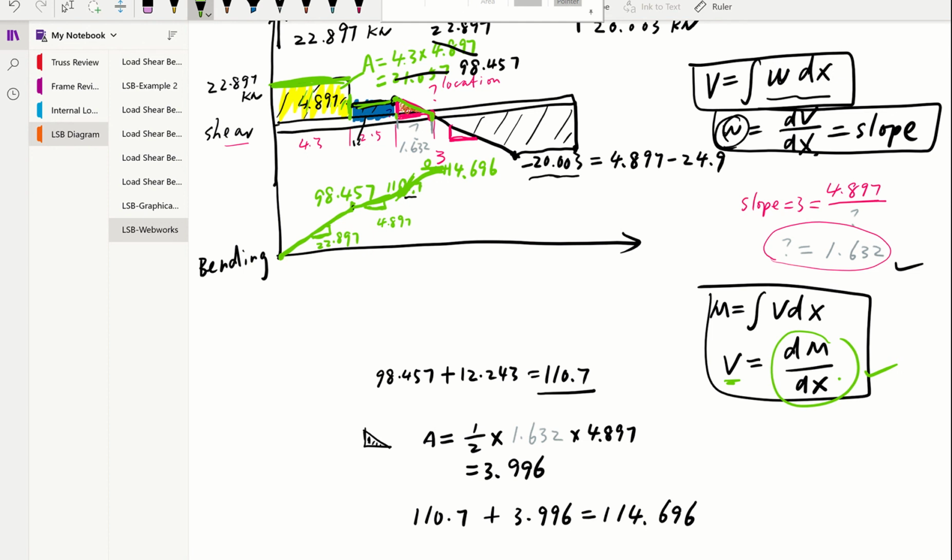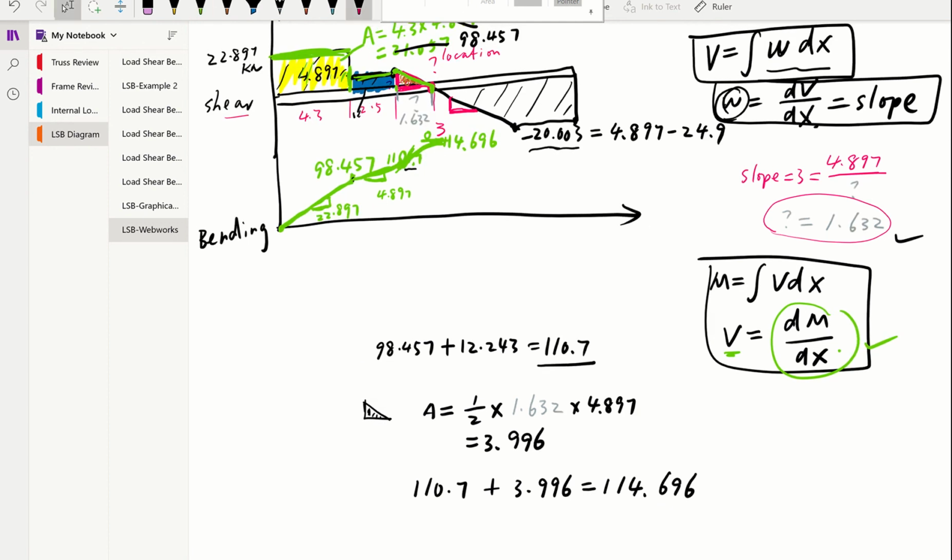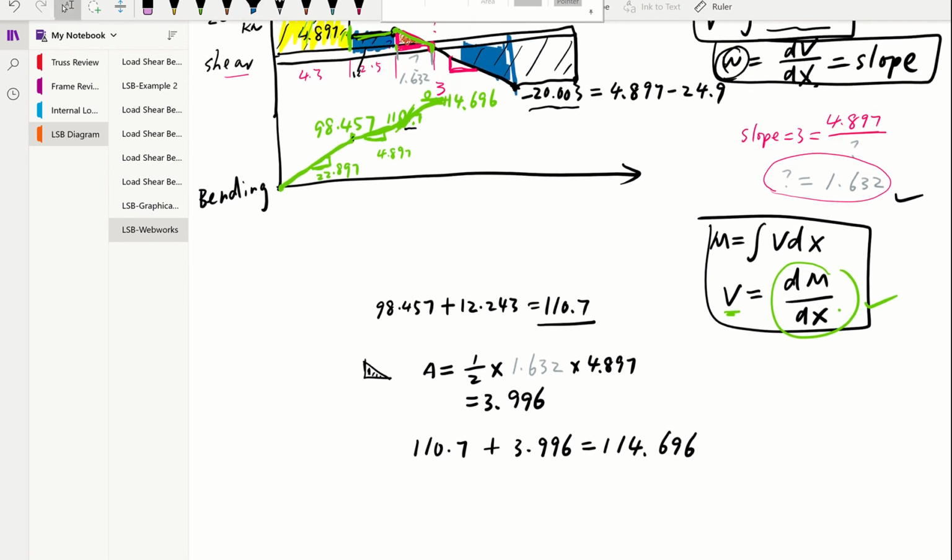Then we're going to continue to integrate. We're going to integrate this triangle here. And be aware, this triangle is what? Below the x-axis, so you will get a negative value. So let's try to integrate this area.